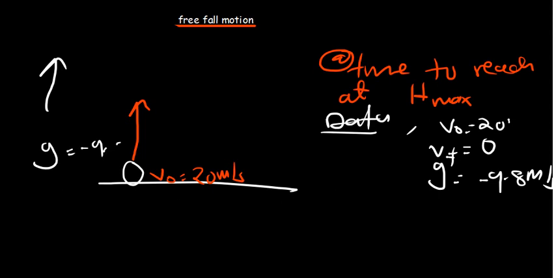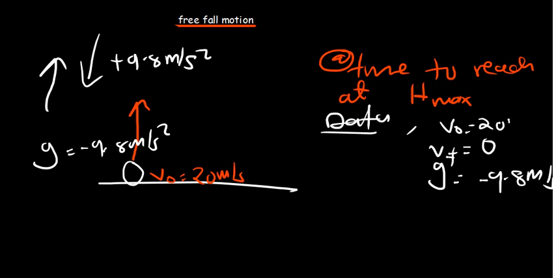When it's going up, we are reducing the value of the velocity, so we take g as negative 9.8. When it's coming down, since we are going toward the gravity, we take positive 9.8 meters per second squared. But this is not always the case; there are some situations where you cannot use negative when going up, but in most cases we take g as negative when it's going up. Please take note of that.